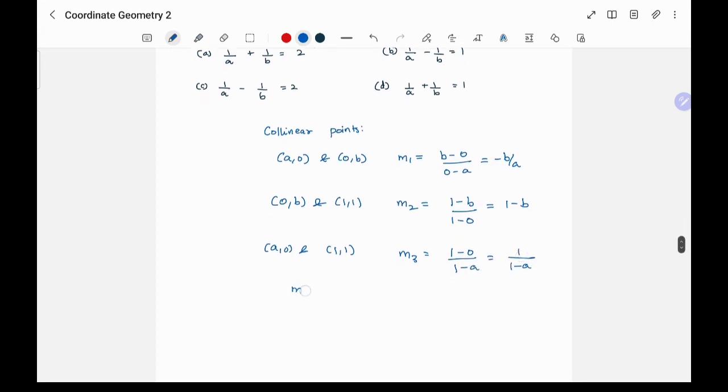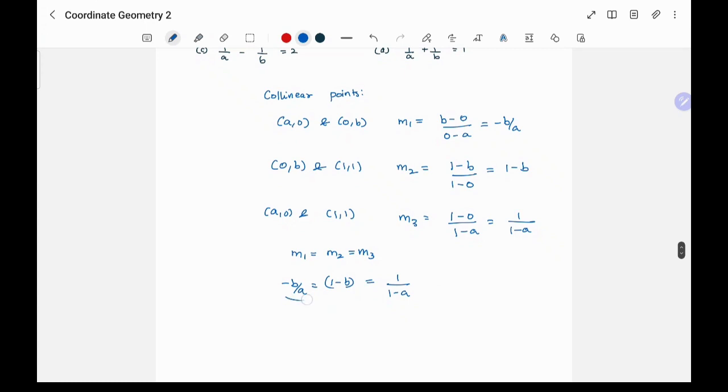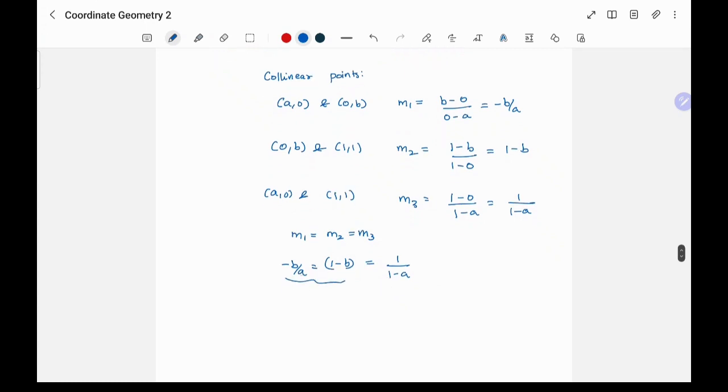So we have m1 equal to m2 equal to m3. So minus b by a is equal to 1 minus b, which is equal to 1 by 1 minus a. So let's just take any one equation and try to equate. So minus b by a is equal to 1 minus b. So let's multiply by a on both sides.